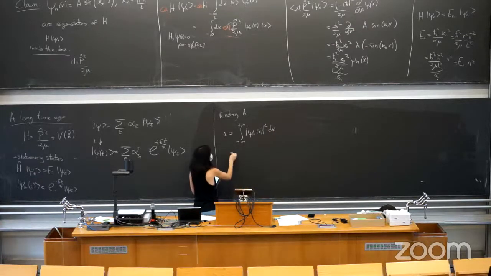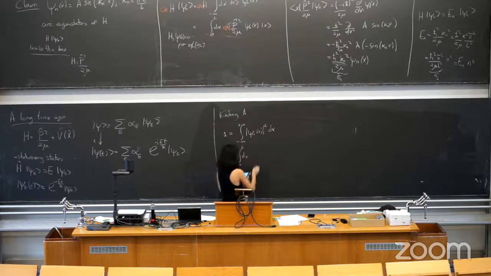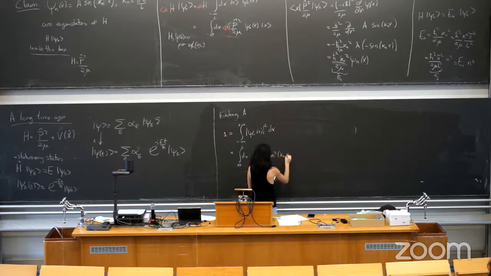Of course, this thing is 0 outside the box, so you just need to care about the integral from 0 to L. And then we have A squared times the integral of sine squared dx.